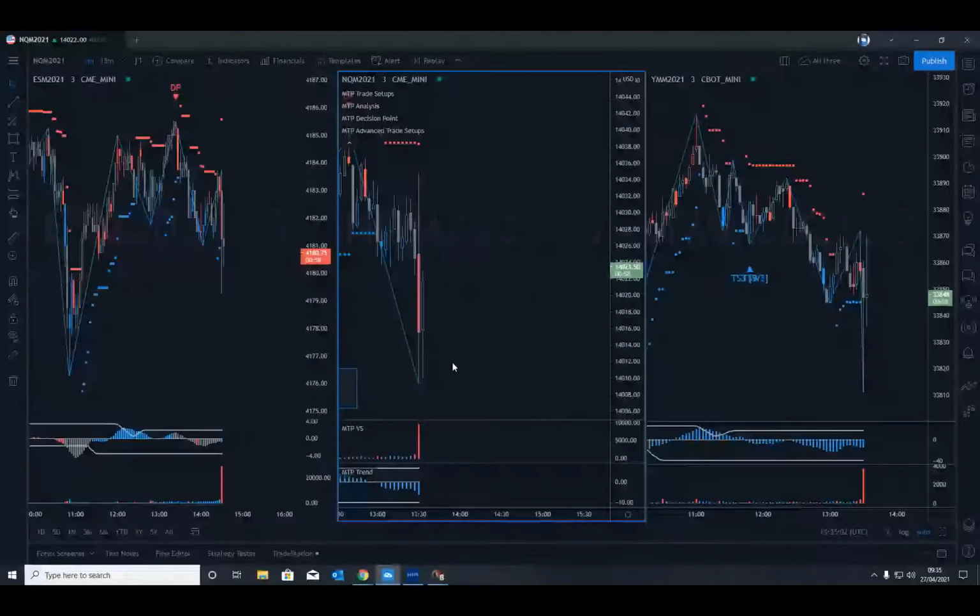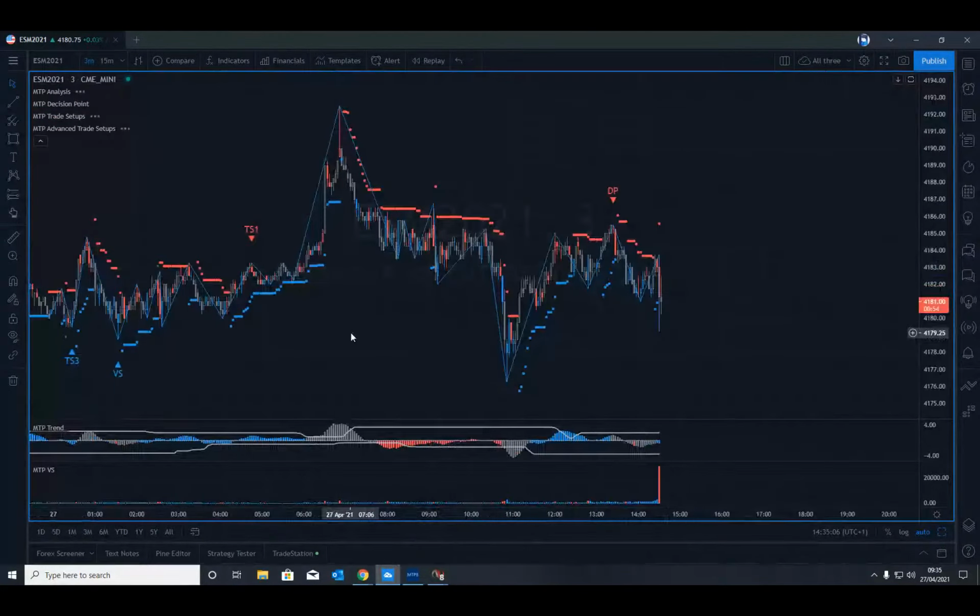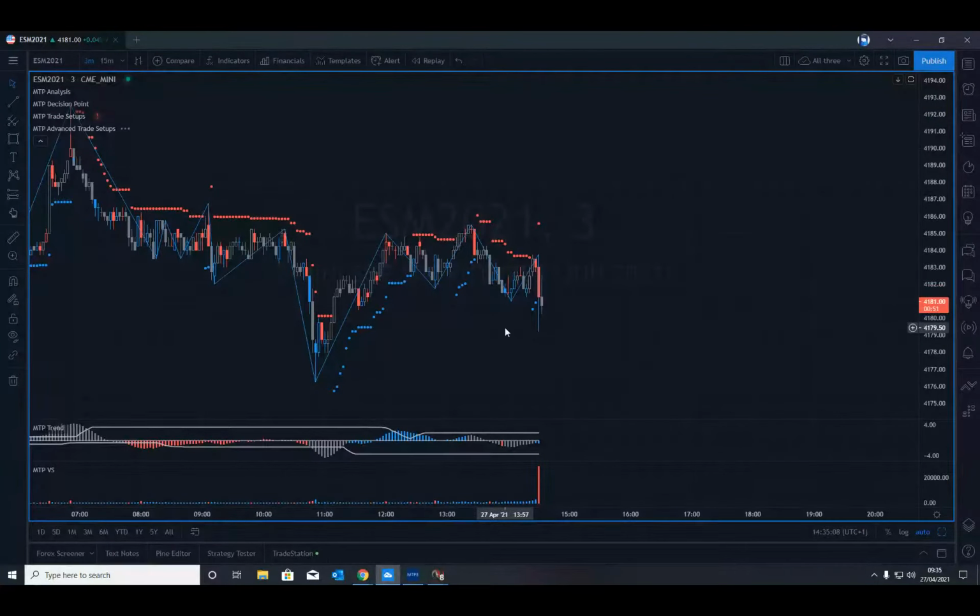And the ES was in no man's land at the moment as well. So I think we'll just have to wait and see how the rest of the day unfolds and see if we get a clearer picture. But this is what markets do. They are in times when they are just plain frustrating and unclear. It does happen like that.